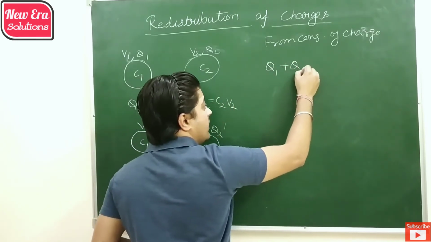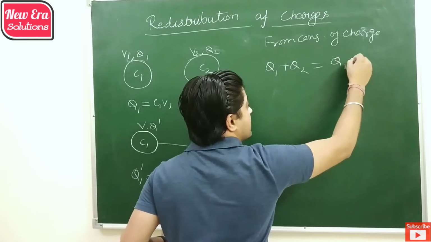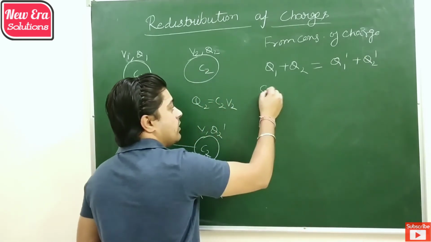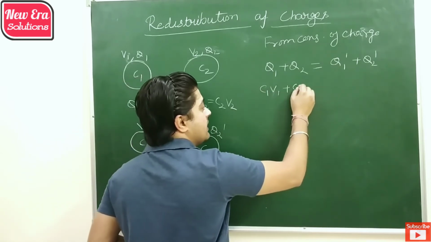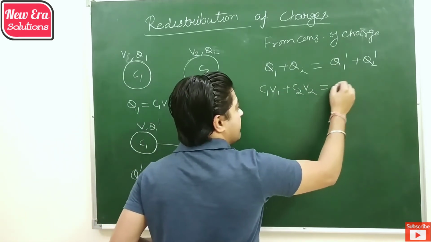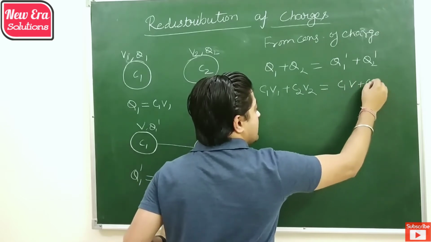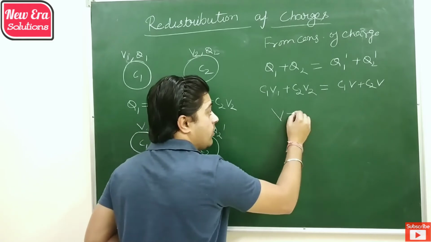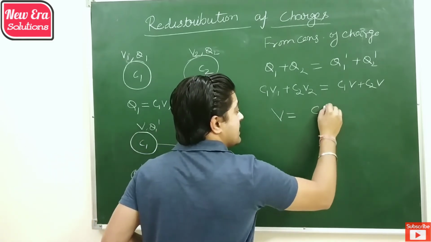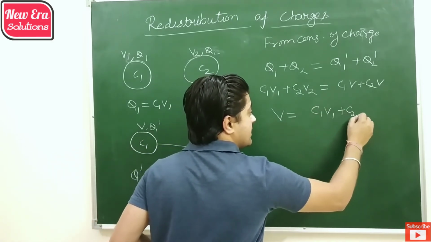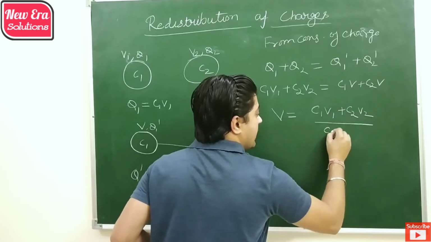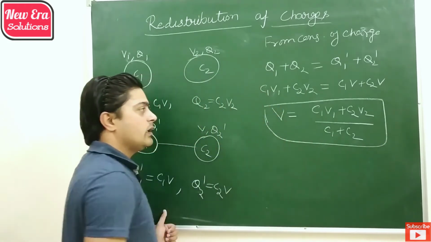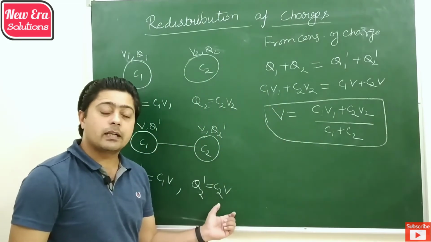That means Q1 plus Q2 is always equal to Q1 dash plus Q2 dash. So C1 V1 plus C2 V2 is equal to C1 V plus C2 V. So the common potential on both capacitors is (C1 V1 plus C2 V2) divided by (C1 plus C2). This is the final potential on both capacitors.